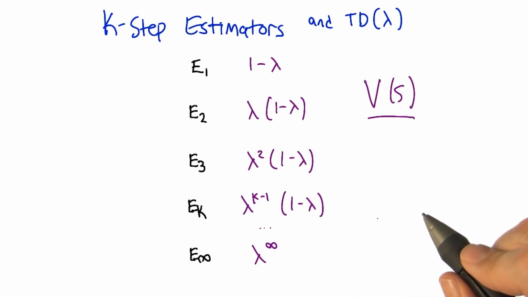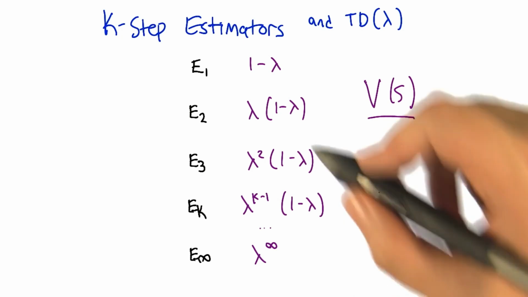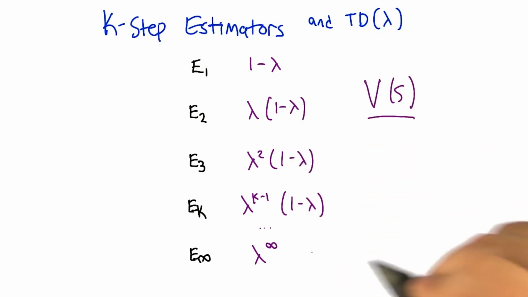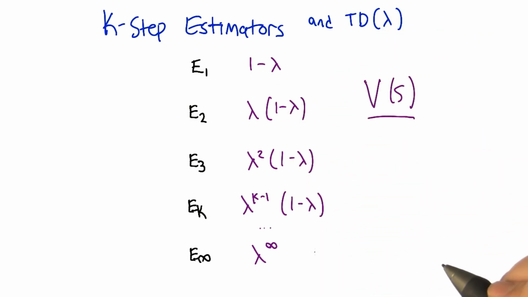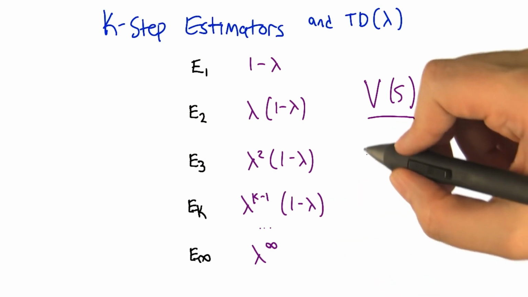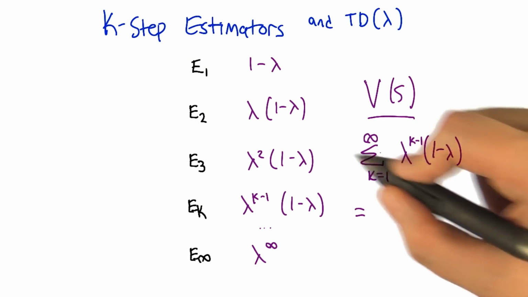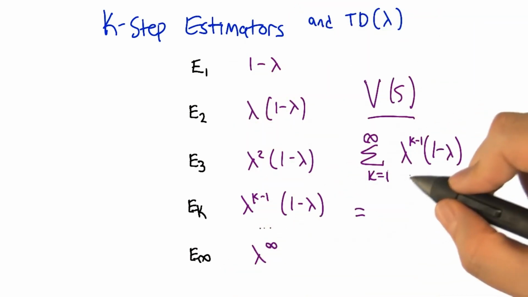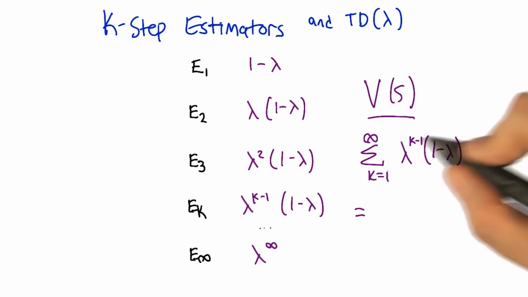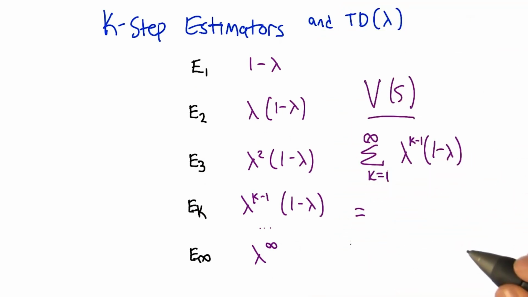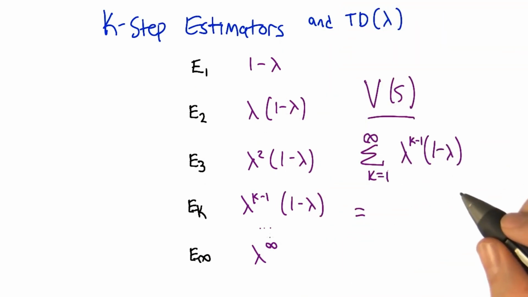And so there's a couple things that we should probably check. One is we should probably make sure that these weights sum up to 1. Mm-hmm. So how do we do that? So let's see. You read a summation? Good idea. So the summation is all the different estimators from 1 to infinity of the weight applied to that estimator, which this formula works for all the different values of k.